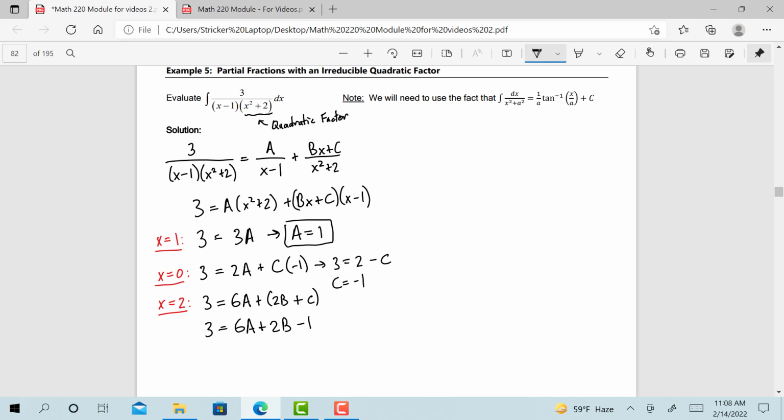We also didn't plug what a was equal to. A was equal to 1, so really that's just equal to 6, right? So that's 6 times 1, or 6. And 6 minus 1 is 5, so we subtract 5 to the other side. We get negative 2 is equal to 2b, which means b is equal to negative 1.